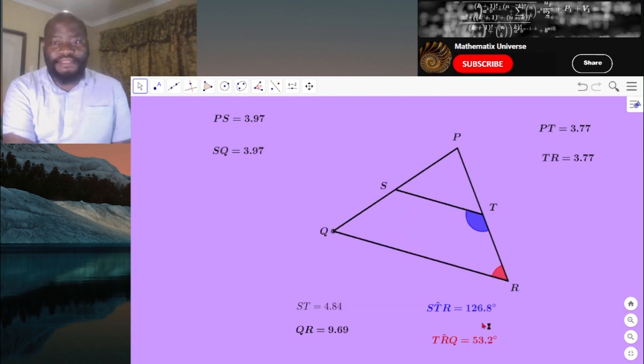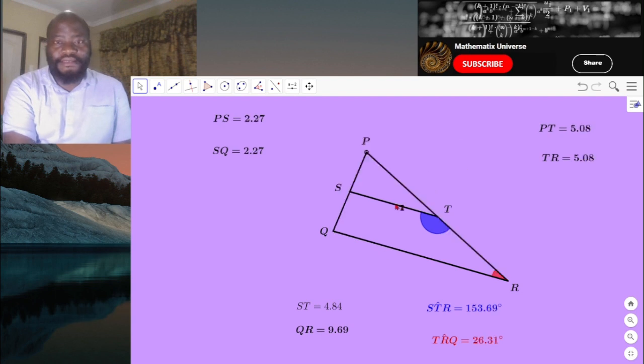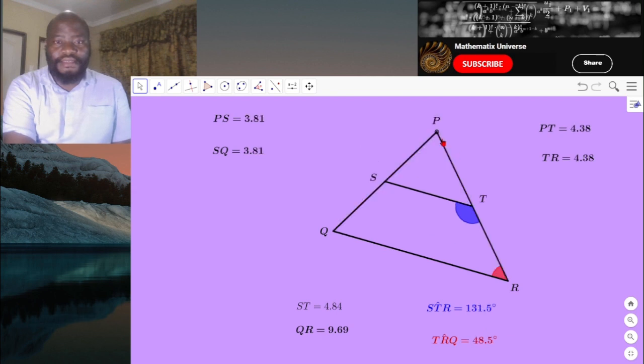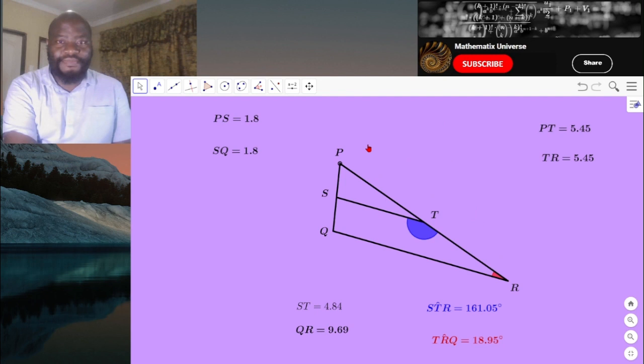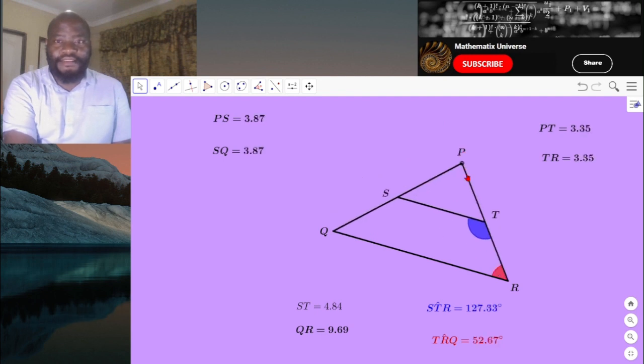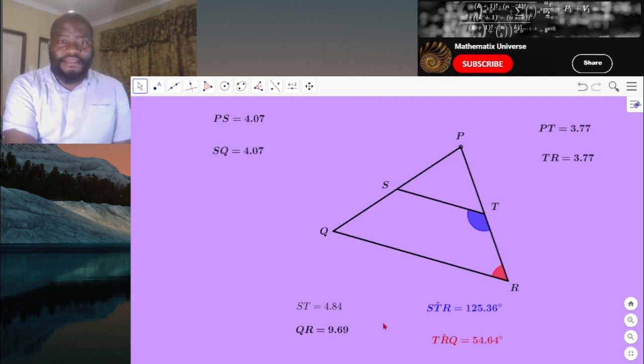So as you can see, the angles here are changing as well as the distances. When I'm moving this point P, these distances don't change, they remain the same. What changes are the 2 sides and the segments that go with them. Then these values only change when I move Q or R.